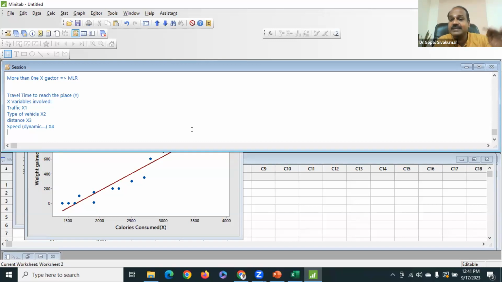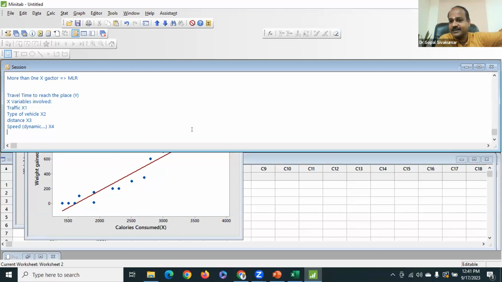This is what we understood in hypothesis testing. Clear? The app developer clearly knows these four factors are significant factors. Every single time traffic is more, they have seen a car reaching late or taking more time, isn't it? The average time consumed by vehicles traveling in heavy traffic was high.